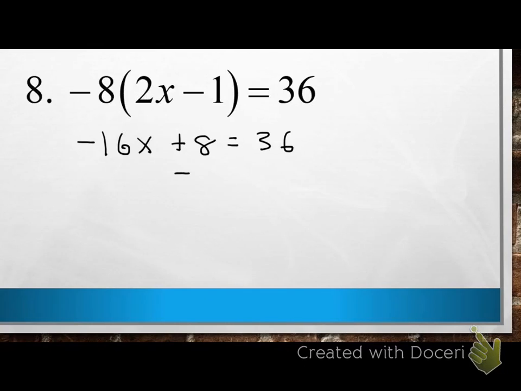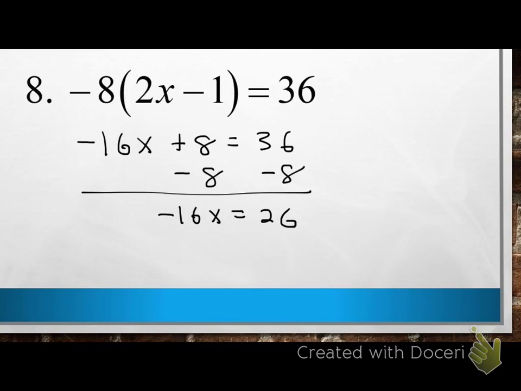Look up on my screen. I'm going to subtract 8. Negative 16x equals, what is that, 28. I'm going to divide this side by negative 16 and this side by negative 16.